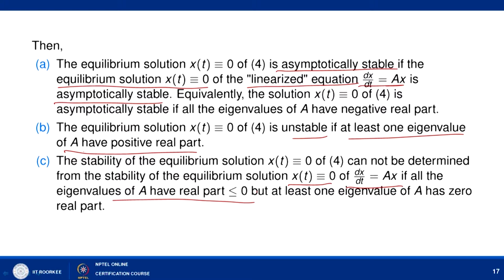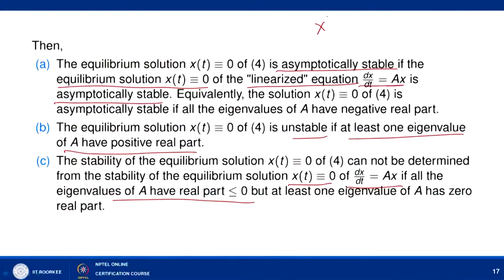We need to understand this in the sense that part A and part B are similar to part A and part B of the previous theorem. If all the eigenvalues have negative real part, then in the linear equation x' equal to Ax and in x' equal to Ax plus g(x), the equilibrium solution is asymptotically stable.